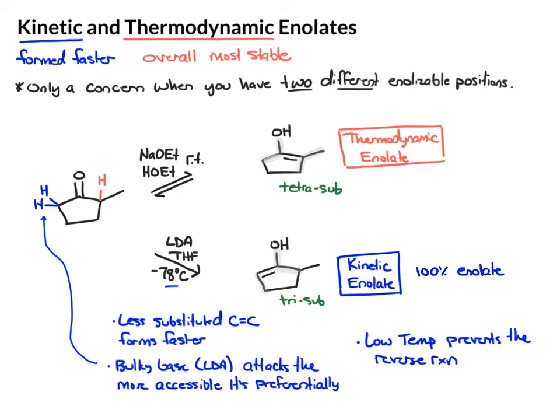With the thermodynamic conditions, on the other hand, we have equilibrium arrows. We're using a weaker base, which doesn't just immediately convert all of the carbonyl into enolate. What happens is this weak base might react with one of these hydrogens, it might react with this hydrogen to form an enolate. But at room temperature, this is reversible. And over time, equilibrium is going to favor the overall more stable enolate.